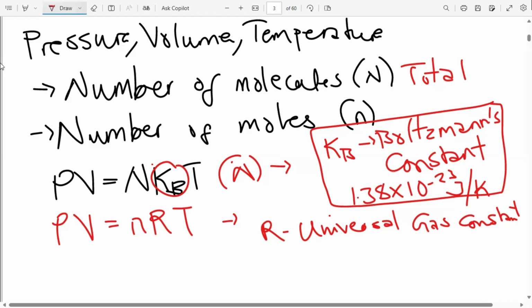But what we must keep in mind is that for these formulas to work correctly, we must always be consistent with our units, which means our temperature is always supposed to be in Kelvin.